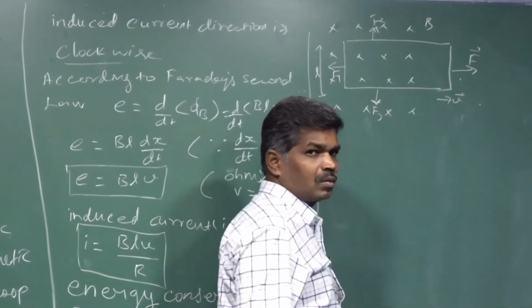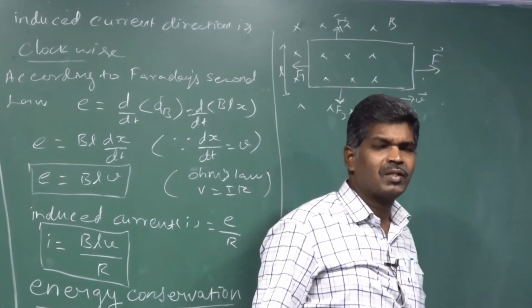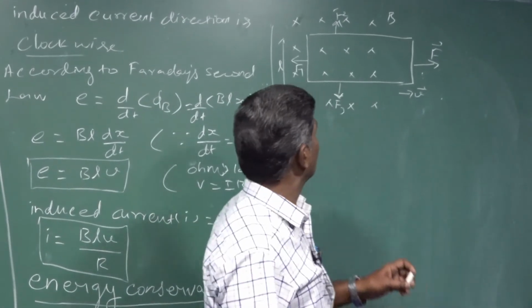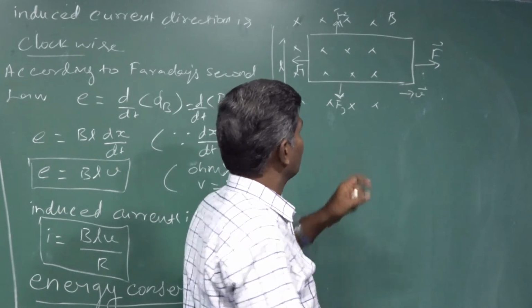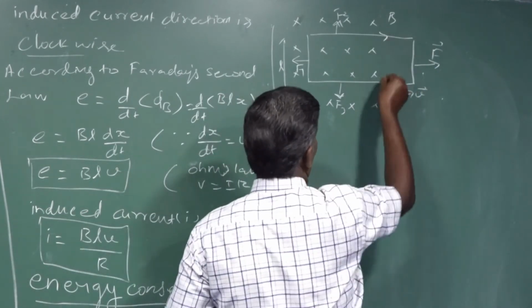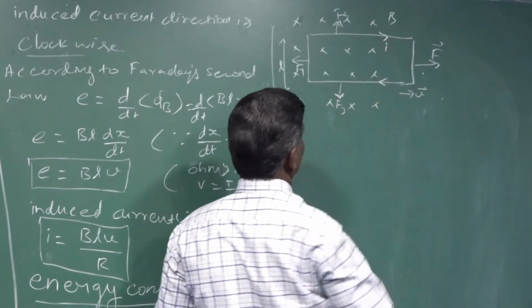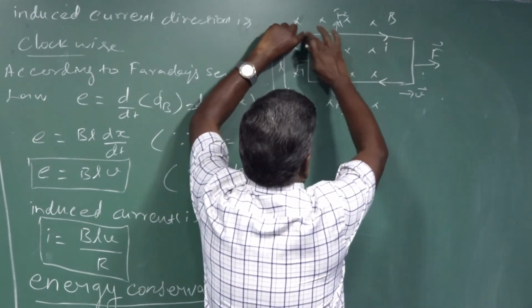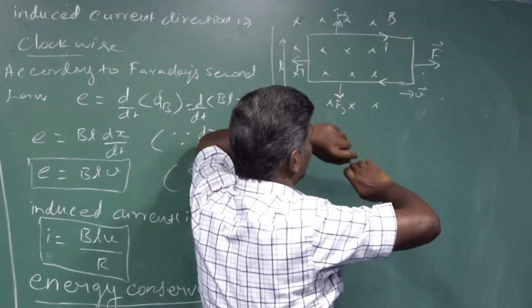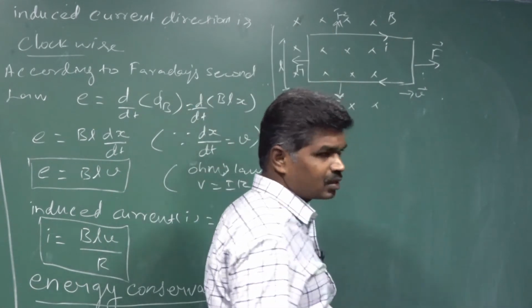So how can we mention the direction of that force? Based on the current induced in that loop. In the upper part the current flows towards the right and the magnetic field is inward.